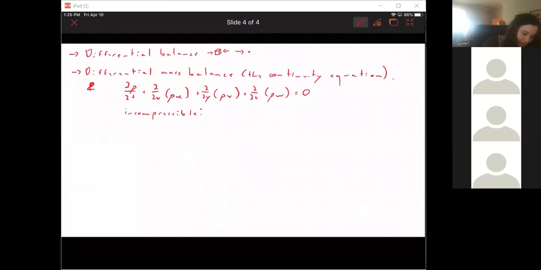We end up with the incompressible continuity equation, which is just du dx plus dv dy plus dw dz. So x velocity dx, y velocity dy, w velocity dz.